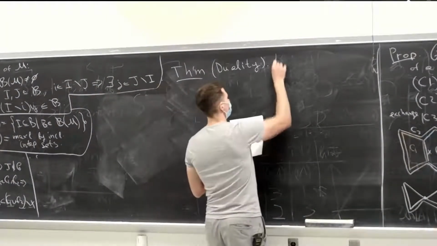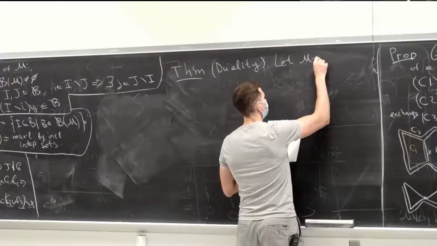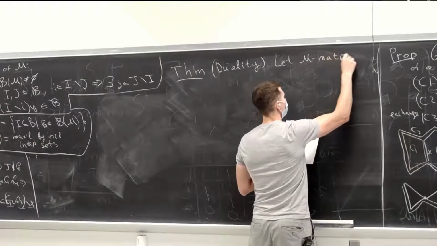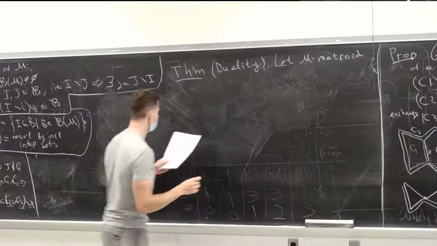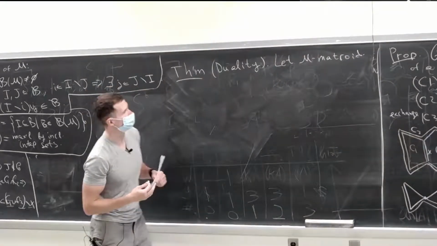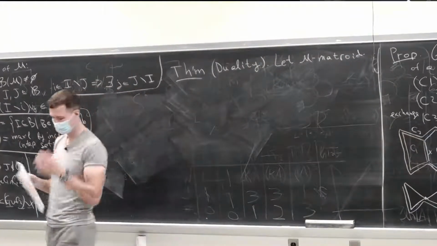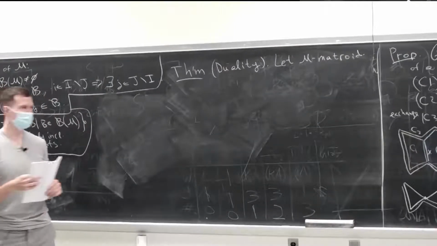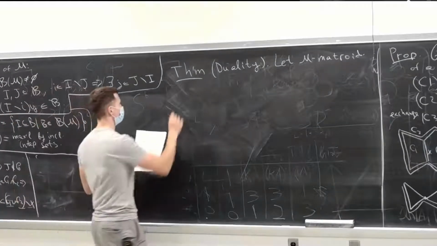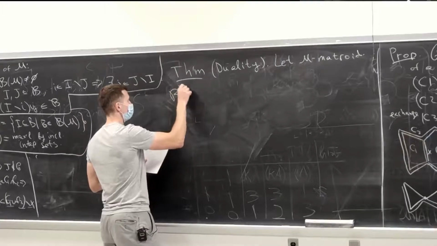So, here's the statement. Let M be a matroid. How do I define the dual matroid? This is also possible to guess. I'm going to define the bases of the dual matroid.